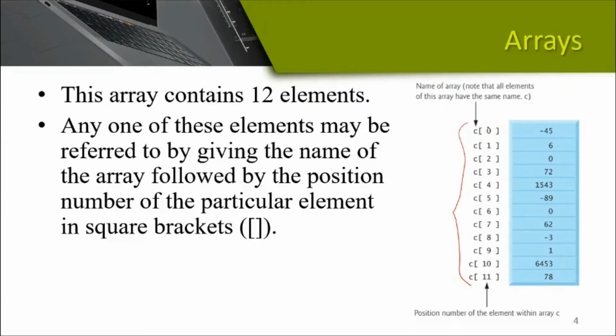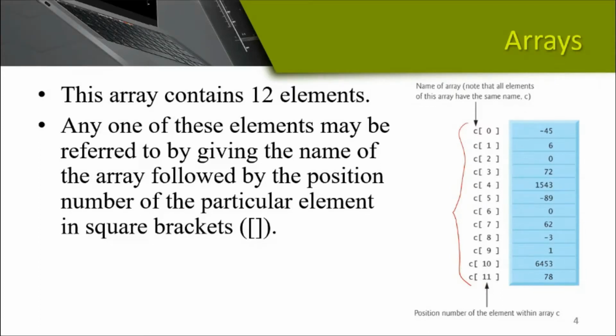That is, 0 means it is the first location. In C, the first location starts with 0. So if there are 12 numbers in a particular array, the last index will be 11. The first index is always 0 and the last index will be n minus 1 if there are n elements.